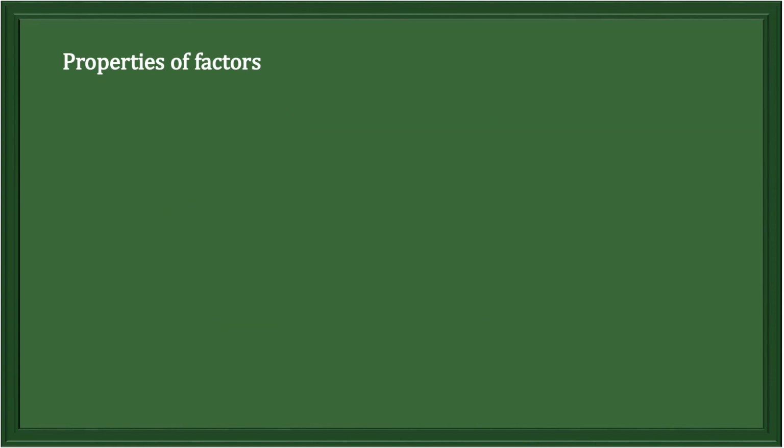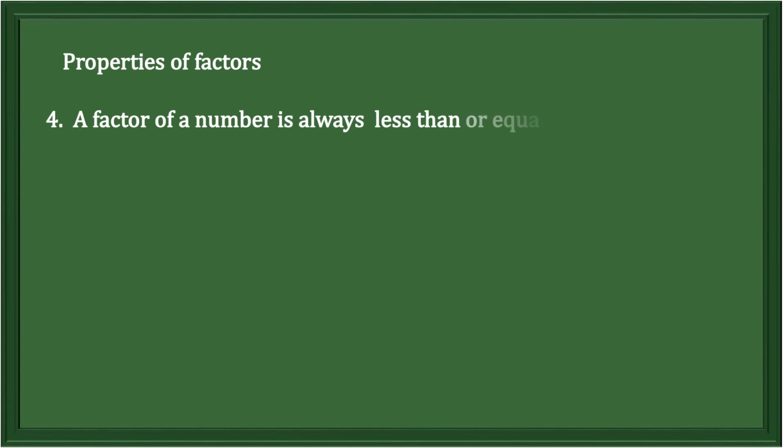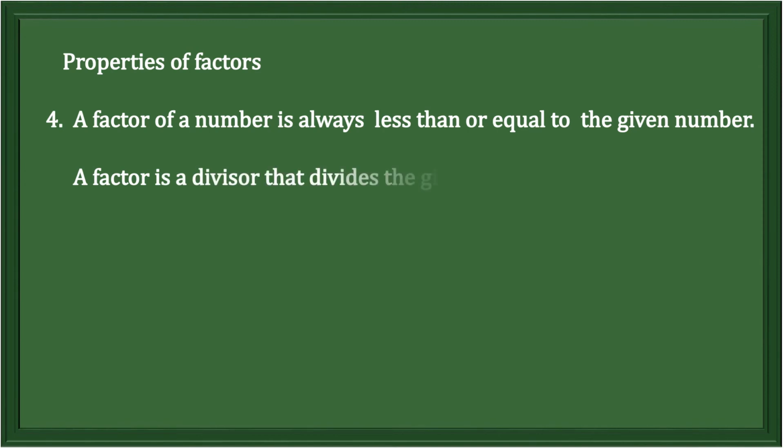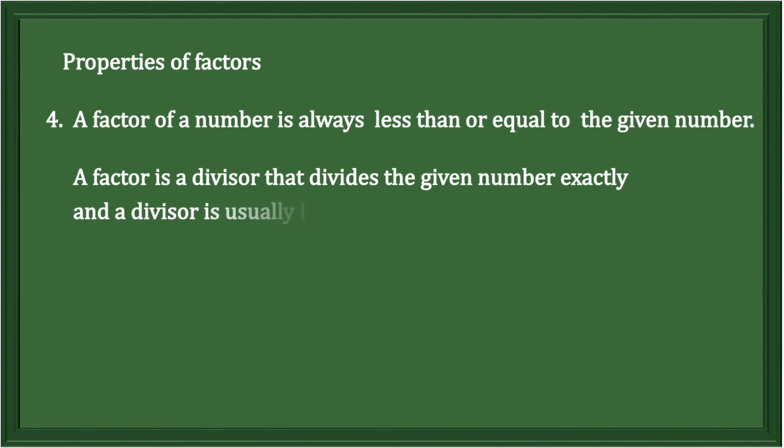Property number 4. A factor of a number is always less than or equal to the given number. We know that a factor is a divisor that divides the given number exactly, and a divisor is usually lesser than the dividend. Let's understand this with the help of an example.